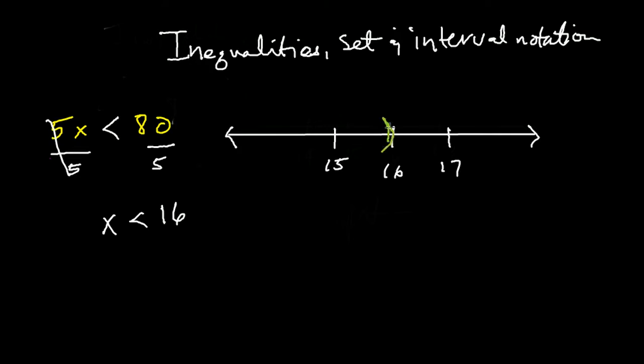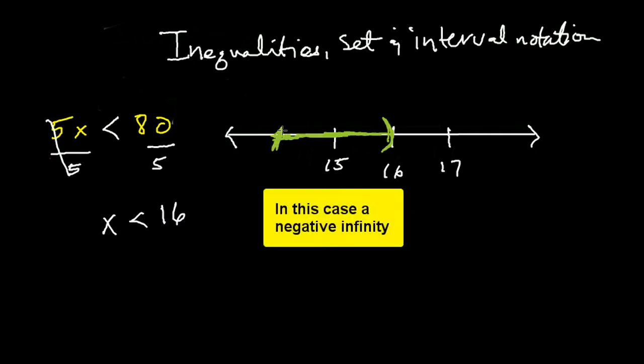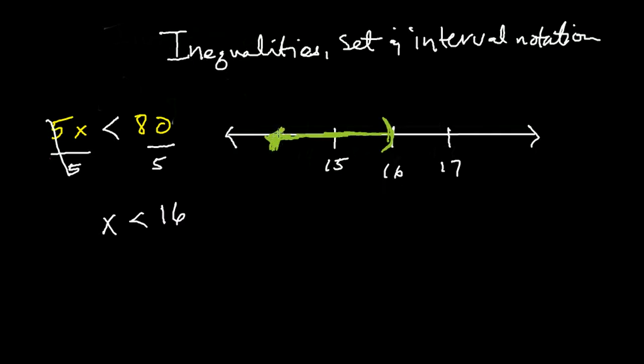It'll be all values on this number line below 16. So we'll shade everything from the left of this parenthesis all the way to infinity, basically, up to 16 here. So x is less than 16.